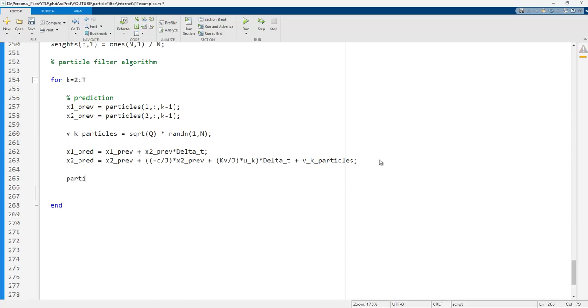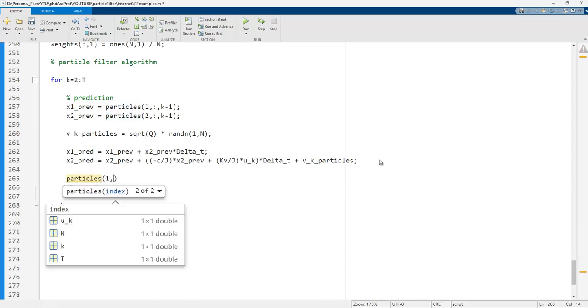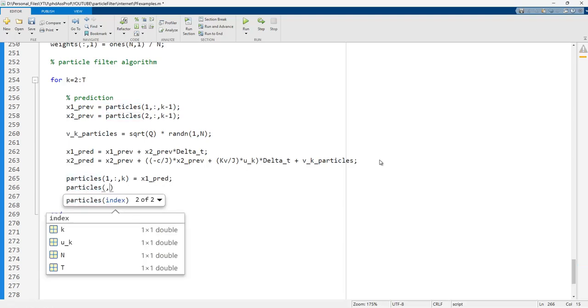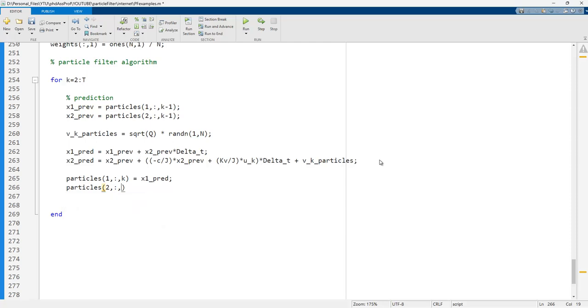And so the particles' first element, the position, can be assigned with x1 pred, and the particles' second element, the k value, is assigned x2 pred, okay. So the update must be done with yk equals yk, okay. And so after that we need to compute the likelihood manually, okay.